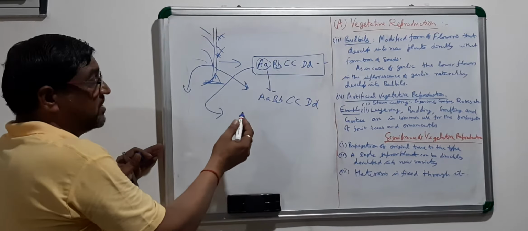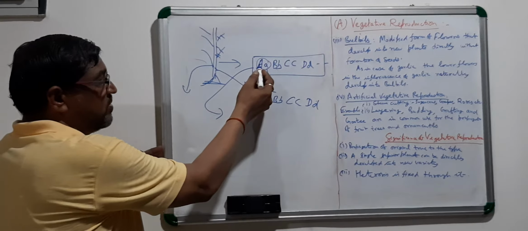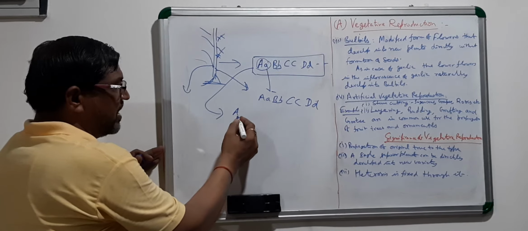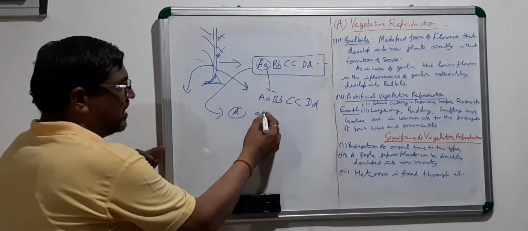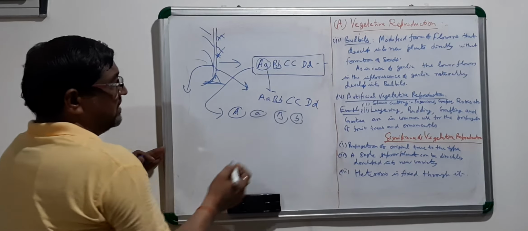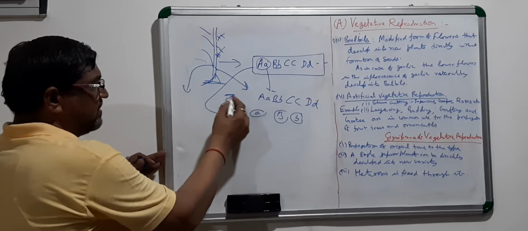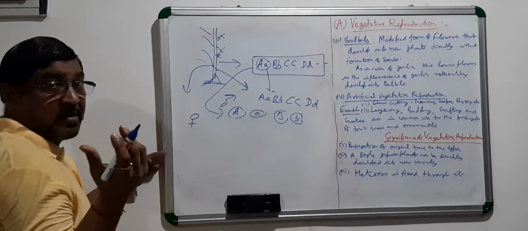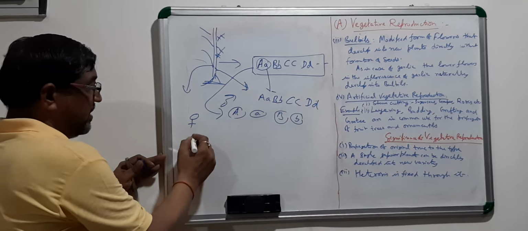So once you are developing the seed through sexual means, you will be getting the gametes. You are going to have capital A gamete, small a gamete, capital B gamete, small b gamete, like that, in the pollen grain as well as in the ovule.